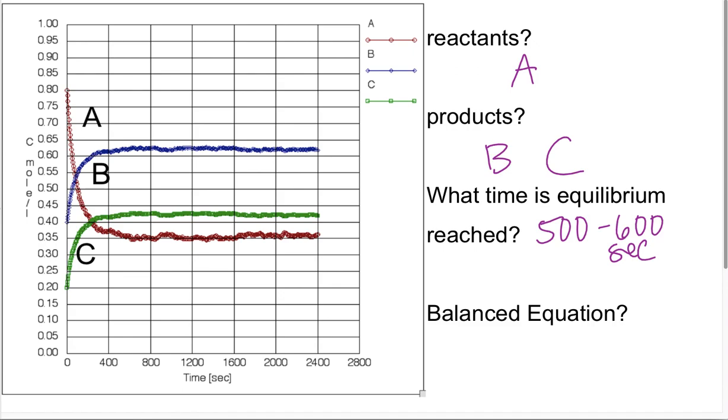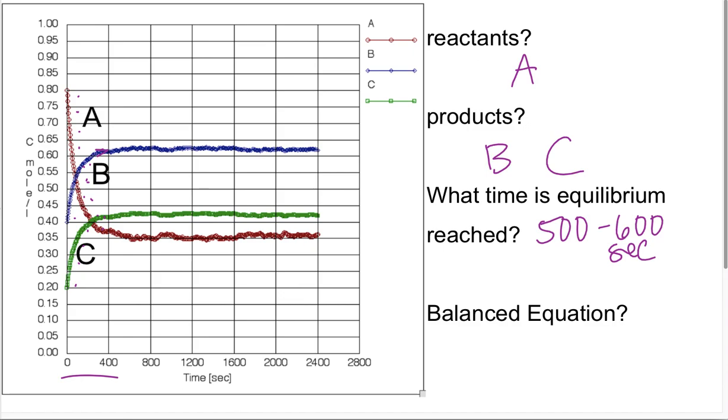In that first block, from 0 to 400 seconds, 1, 2, 3, 4, 5, 6, 7, 8, close to 9 blocks. A is dropping. C is increasing 1, 2, 3, 4 and a half-ish. And B is increasing 1, 2, 3, 4 and a little bit.